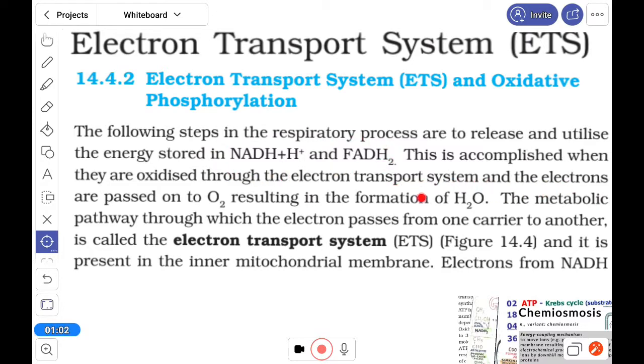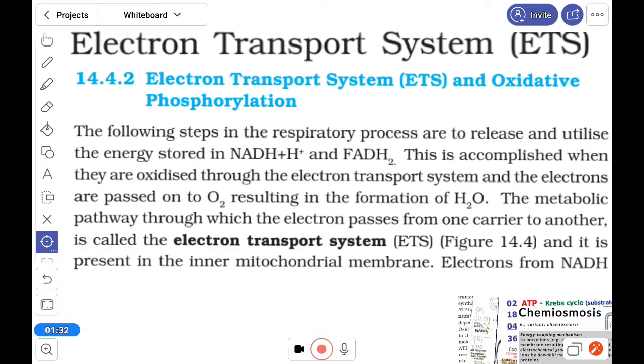And also the respiratory oxygen we are taking converts into water to neutralize. This pathway is the electron transport chain, which is called the electron transport system. And then you can see chemiosmosis and the formation of energy, which is under oxidative phosphorylation.